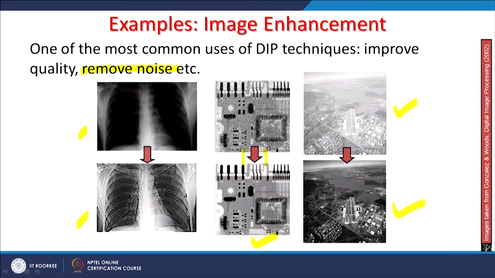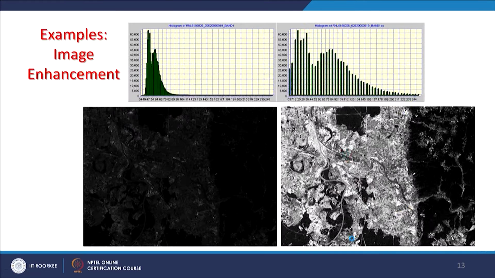And see, the interpretability has definitely increased significantly as we compare with the raw image. It was too hazy. Now, because of enhancement techniques, things are much clearer and more interpretable, and correct decisions can be made based on these images.